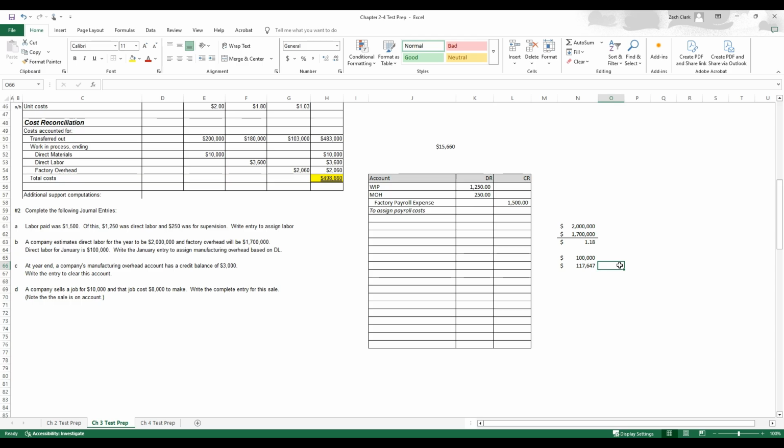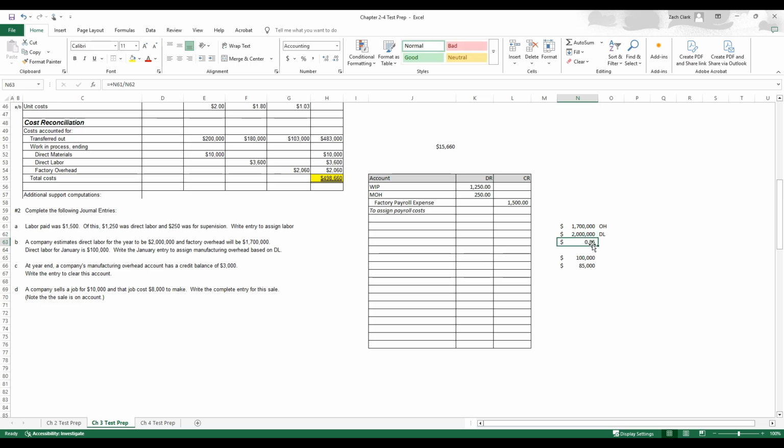Direct labor. Oh, I have that backwards. I'm sorry. The company estimate, I should have written these in, direct labor and overhead. So let me rewrite this. Okay, be careful when you're reading these problems. I just had that backwards. So the estimated overhead is 1.7 and the estimated direct labor is 2 million.